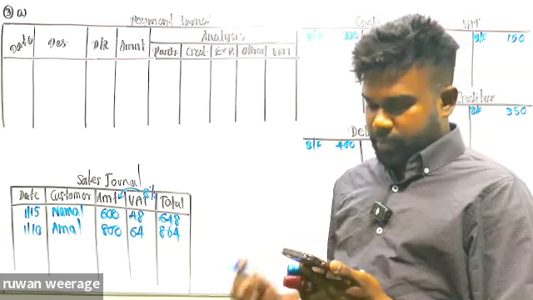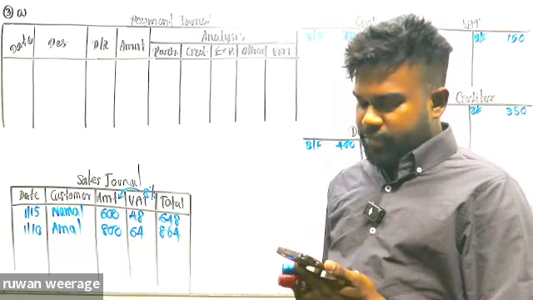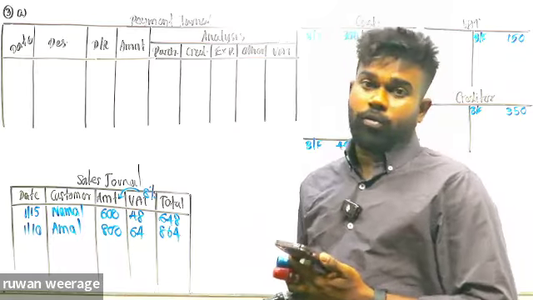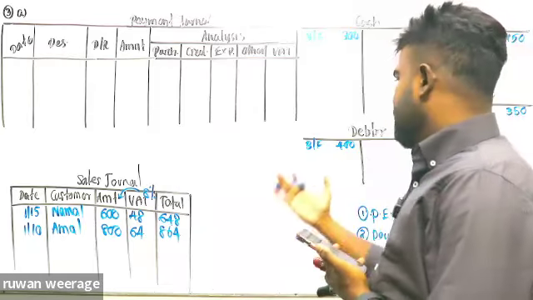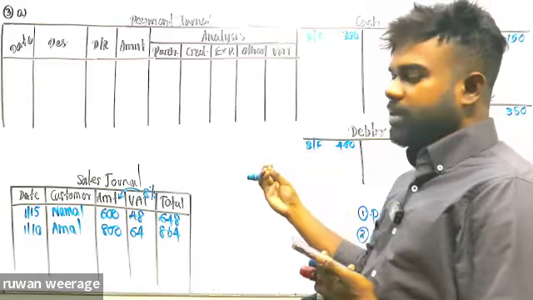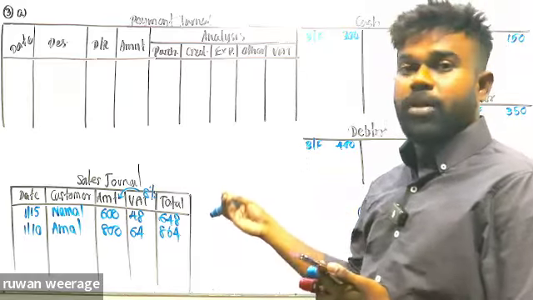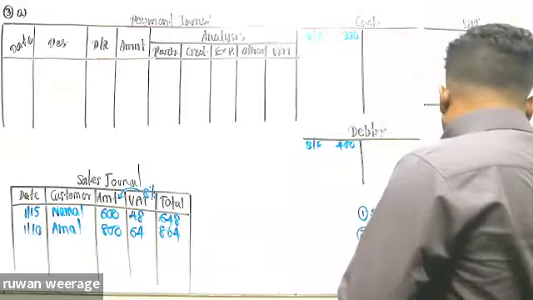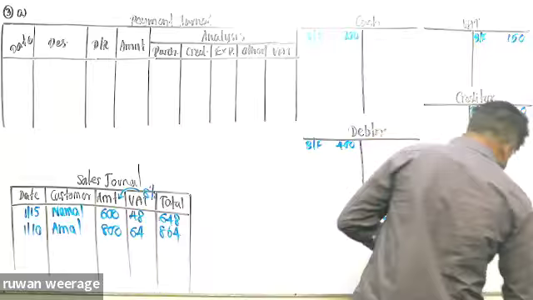The next item, returns inward before VAT. What is the prime entry book for returns inward? Returns inward journal. But here we don't need to prepare the returns inward journal. So what do we have to do? Should we skip it? No. You have to create the double entry and record in ledger accounts.